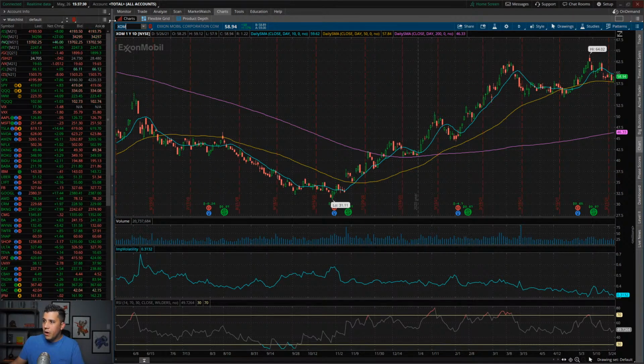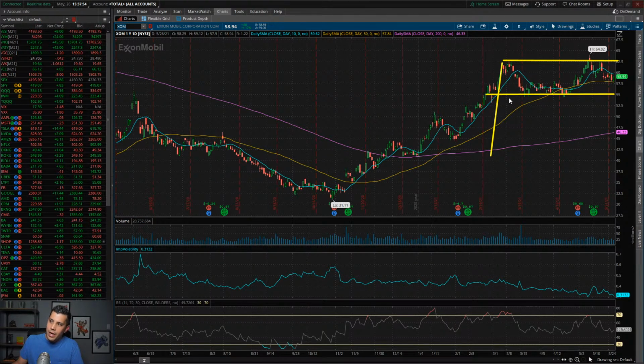So, XOM, actually a nice bull flag setup right in here. But it's also definitely very dicey being at all-time highs, right? Because you could definitely get stopped out. But you have a nice channel, a nice flag setting up right in here.